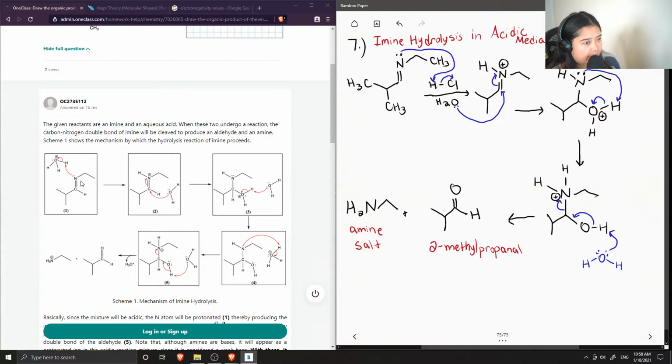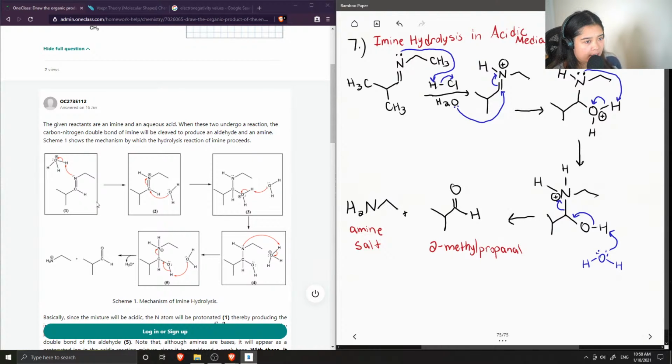Okay, so for part 1, it shows the nitrogen's lone pair taking the proton of this protonated water. So this can also occur as well. For mine, I just had it taking one of the hydrogens from HCl, but this can happen as well.